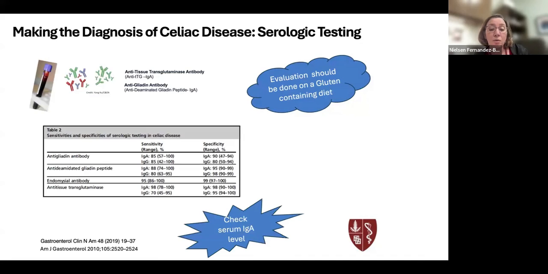Also, I told you that the IgA variety of these antibodies is what we rely on. About 2% of patients with celiac disease have IgA deficiency. So we check an IgA level, because if it's low, we may have to rely on the IgG variety, as the conventional tests may not be accurate.